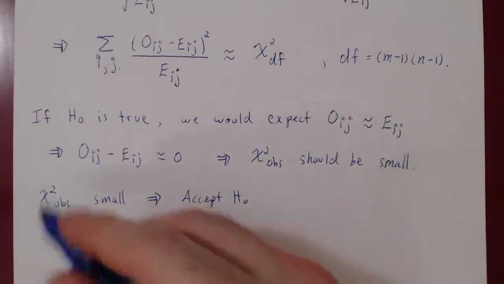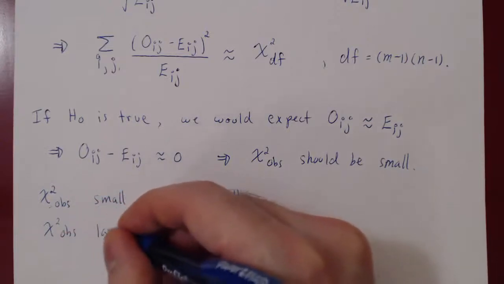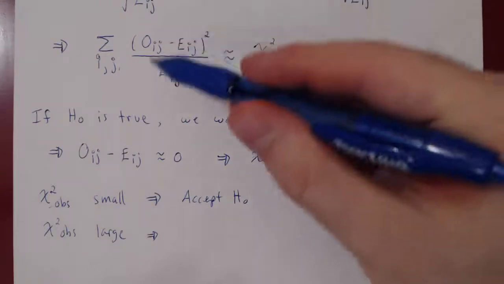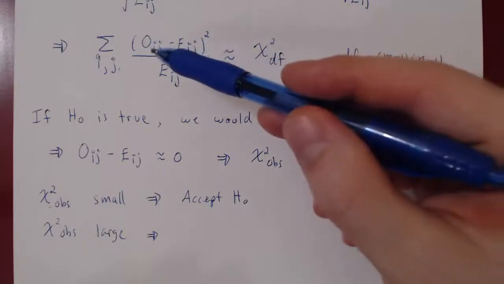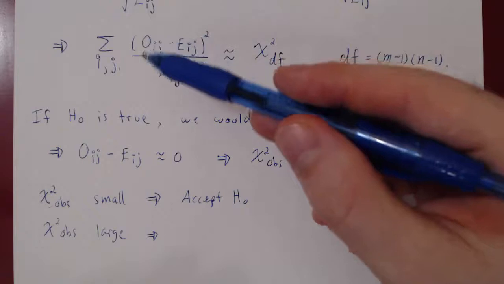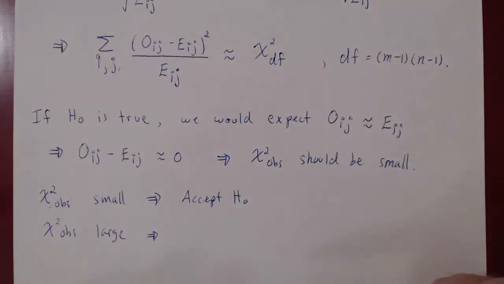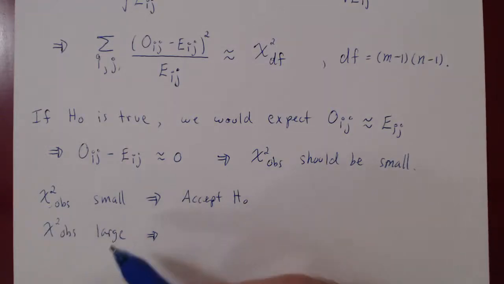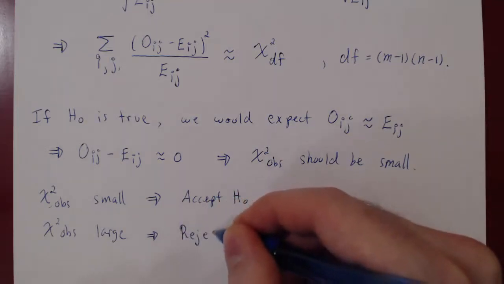The other hand is if chi-square is too big. If this sum is very big, the terms must be on average big, and the only way for this to be big is if O minus E is big, therefore there is a big difference between the observed value and the ones predicted under independence. Therefore a large chi-squared value would be evidence against H0, and so we would reject H0.